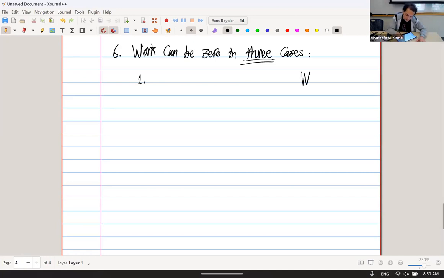Let me write down the relation so you can think about it. Yeah, so this is the first case, which is the trivial case, to have no force acting on the system at all. So nothing is happening. So work is zero when force is zero, no force to act on the system.